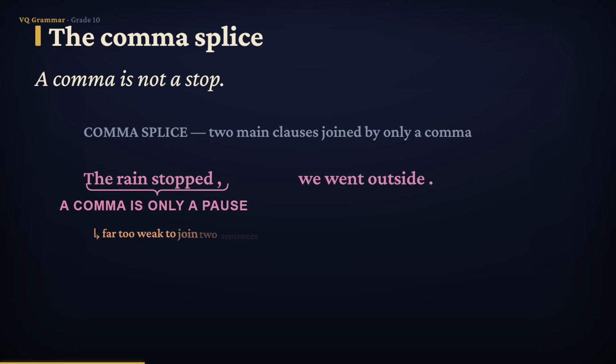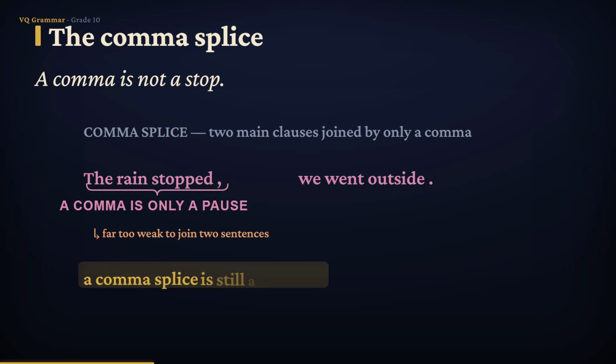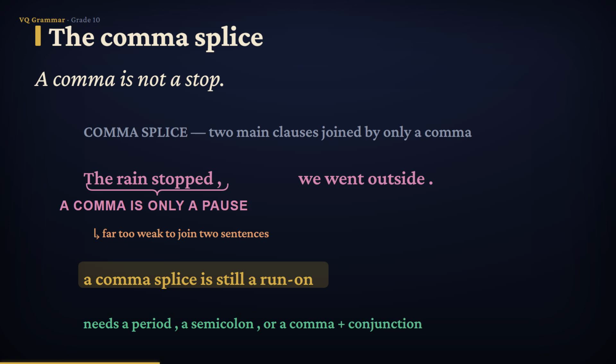It is far too weak to hold two complete sentences together. A comma can never do a period's job. So even though there is punctuation in there, this is still a run-on. It needs something stronger. A period, a semicolon, or a comma plus a joining word. Hold on to that phrase. A comma all by itself is never enough.